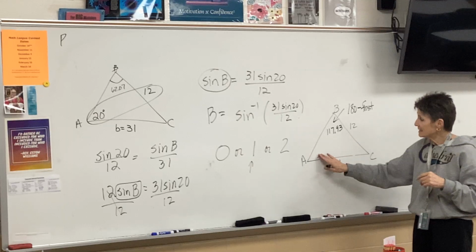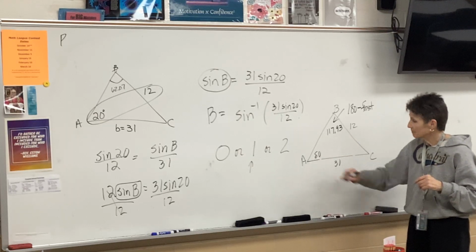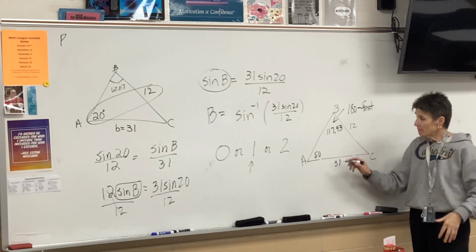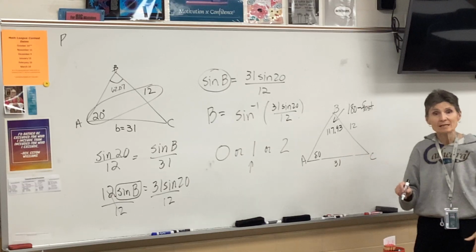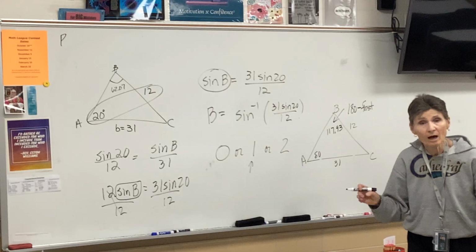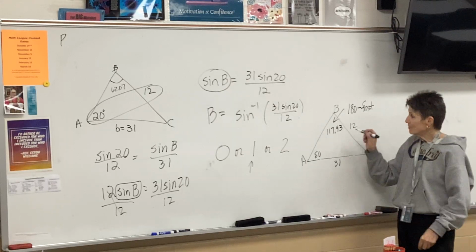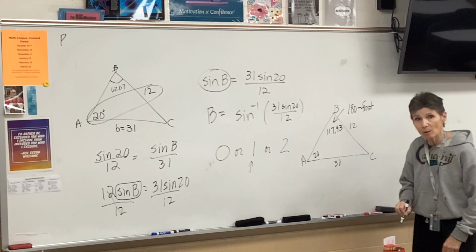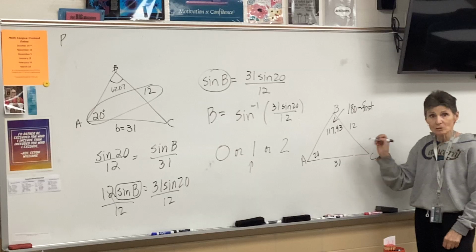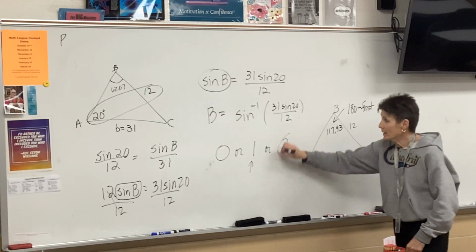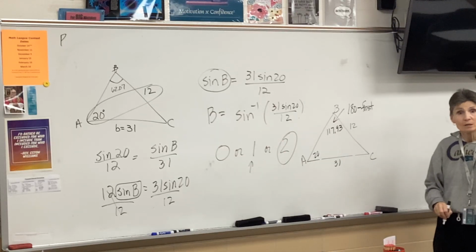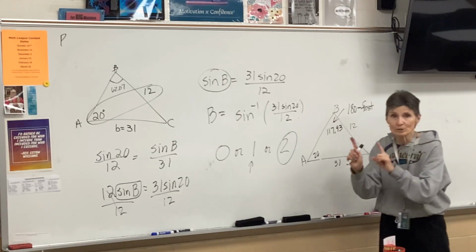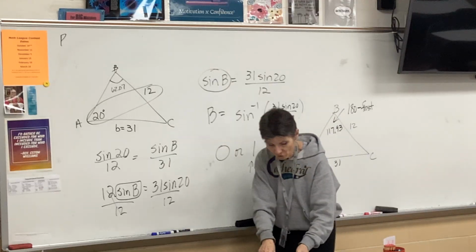If, let's say this had been 80, then you couldn't have a 117 because 80 and 117 is more than 180. So that wouldn't work if that were 80. But when that's a 20, like it was in our problem, that triangle also works. So how many triangles are possible in this scenario? 2. I know it's confusing. Hang on, we're going to do another problem. All right, let's try the next one.